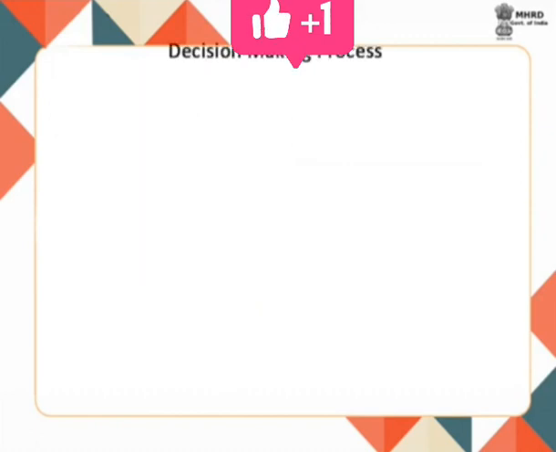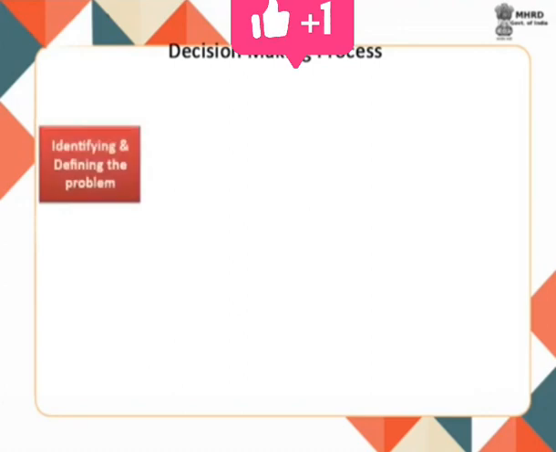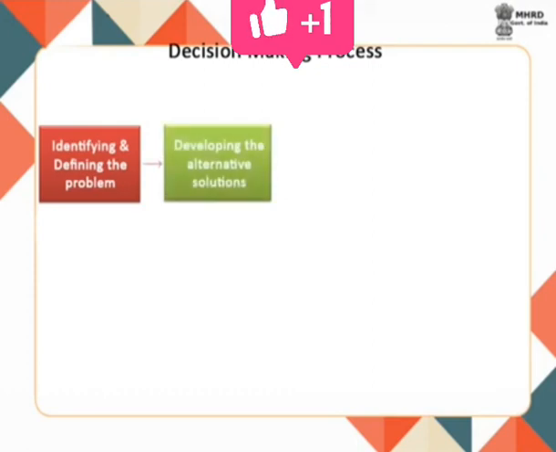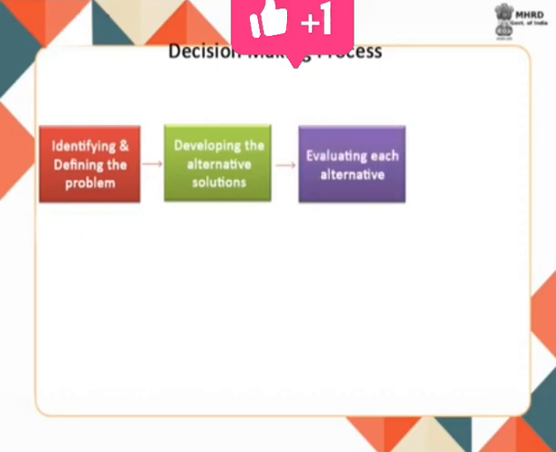Decision making process. The decision making process involves 7 steps. Number 1, identifying and defining the problem. Number 2, developing alternative solutions. Number 3, evaluating each alternative in terms of certainty conditions, risk conditions, and uncertainty conditions.